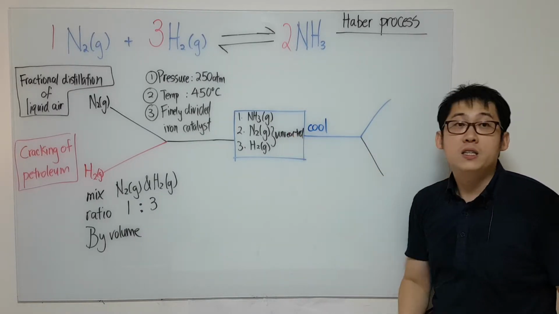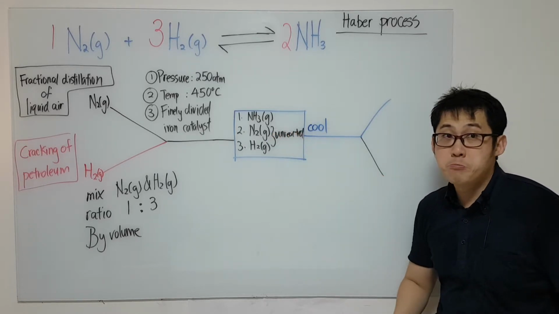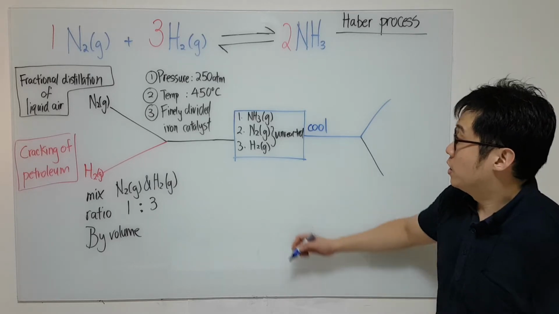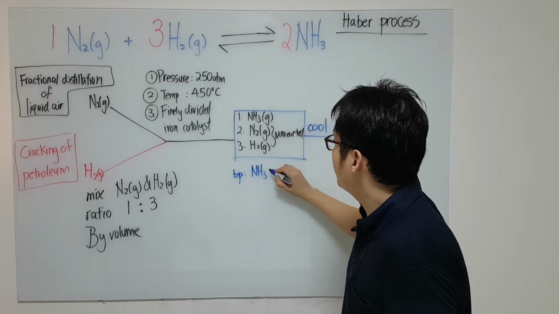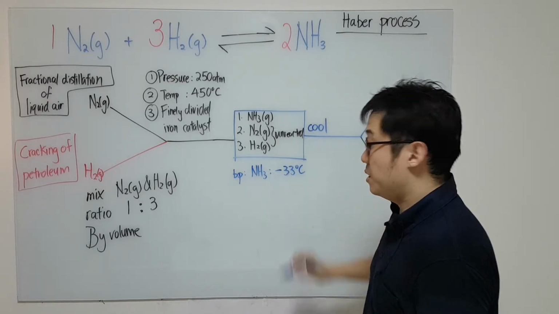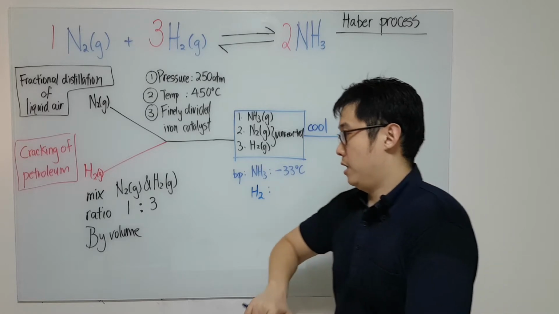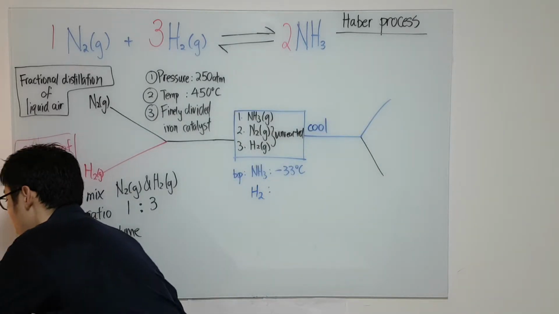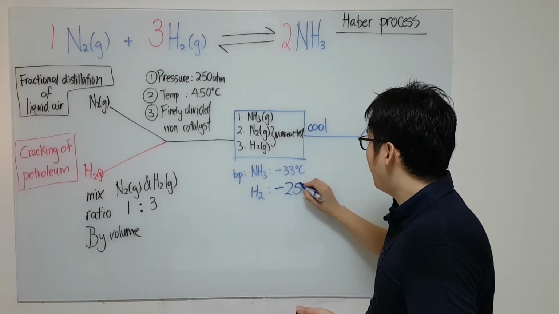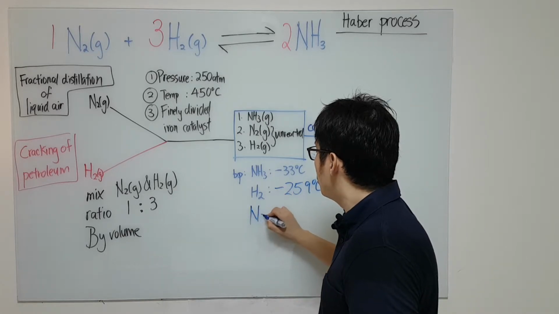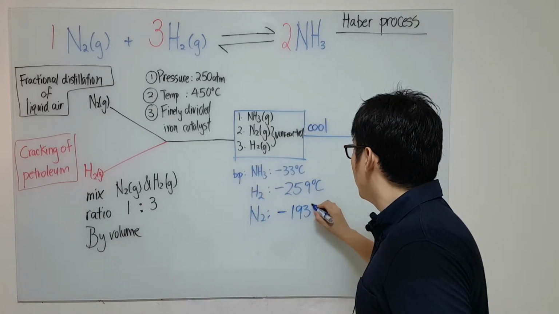Now, because your ammonia has a higher boiling point than your nitrogen and hydrogen, just for your information, the boiling point of your ammonia is actually negative 33 degrees Celsius, your hydrogen boiling point is negative 259 degrees Celsius, and your nitrogen boiling point is around negative 193 degrees Celsius.